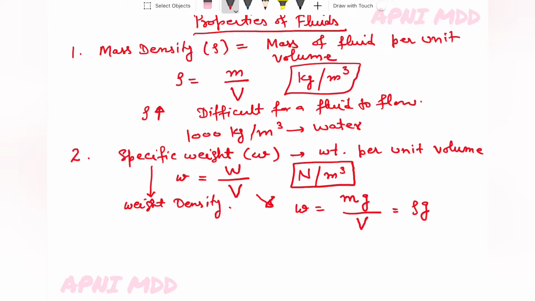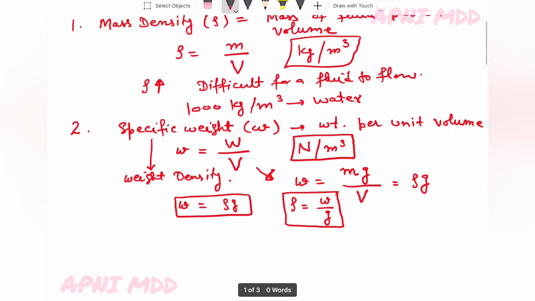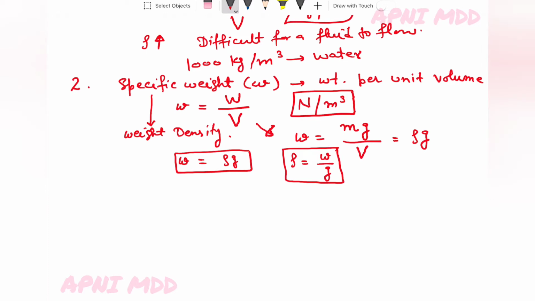So w we can also write as rho g, or rho you can write as w upon g. Okay, so this is specific weight or weight density.